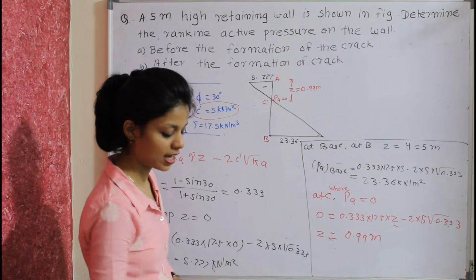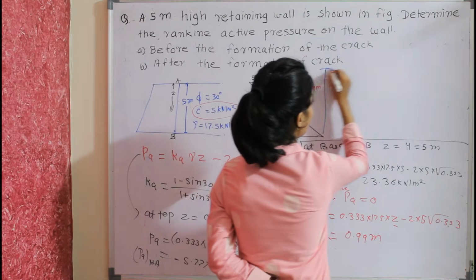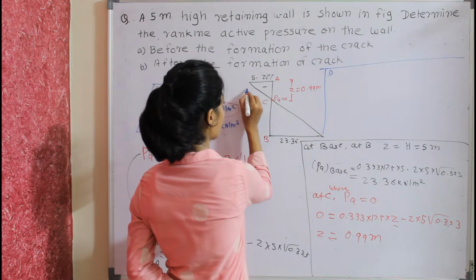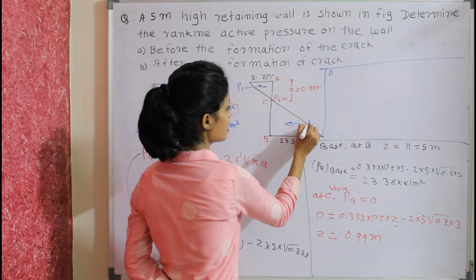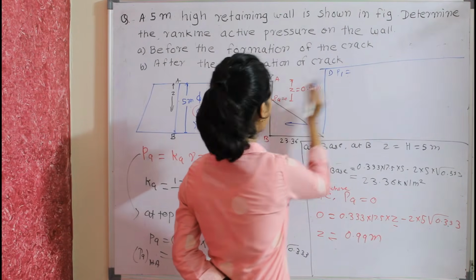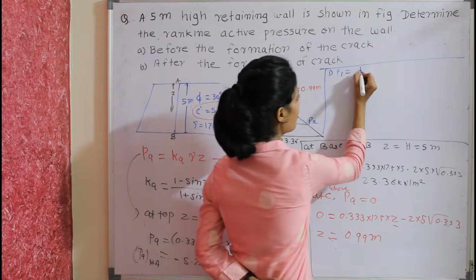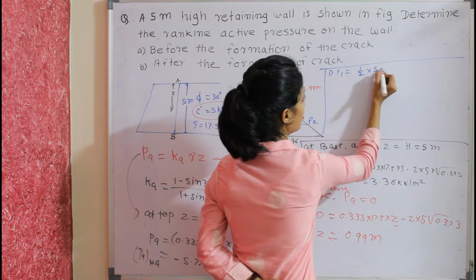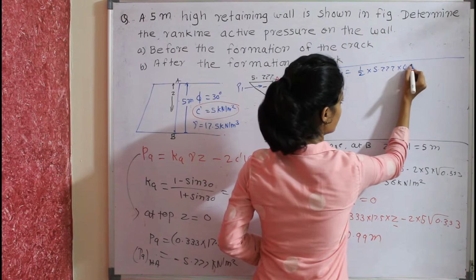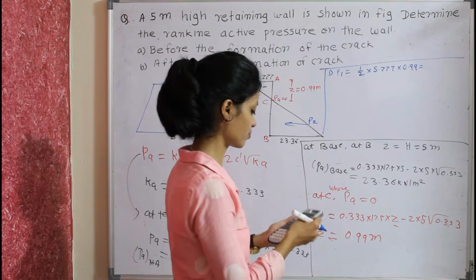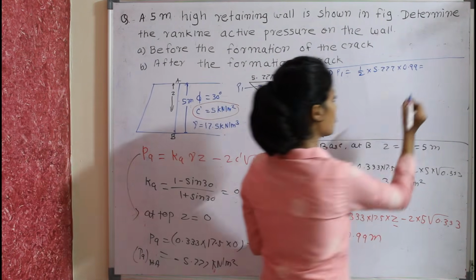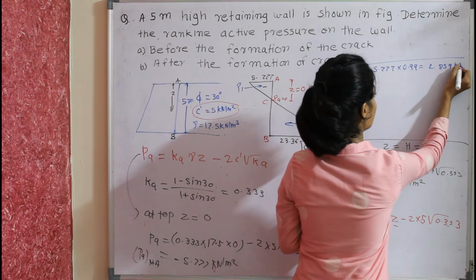Now, first case, before formation of crack, with P1 and P2. Before formation of crack, P1 equals the area of this triangle, half base into height. Height is 0.99, so P1 equals 0.5 into 5.777 into 0.99, which is 2.859 kilonewton.